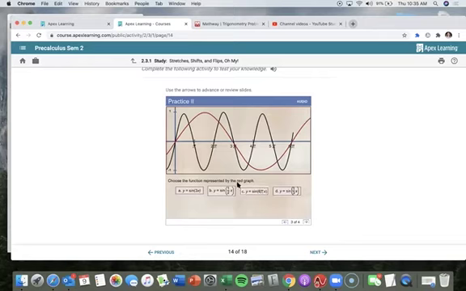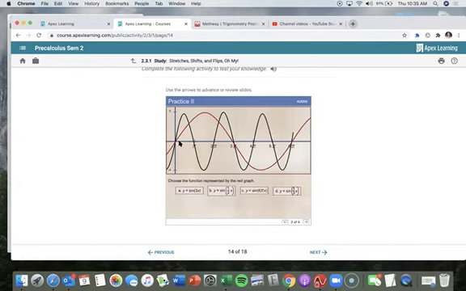Looking at our red function here, if black is our original, we're starting at 0, so we know it's a sine function. The amplitude hasn't changed, so we're not dealing with anything in the y direction there.